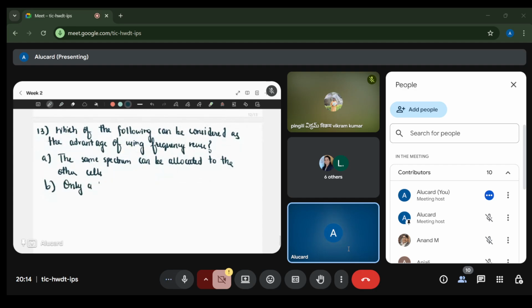Only a limited spectrum is required. Increase capacity. All of the above.